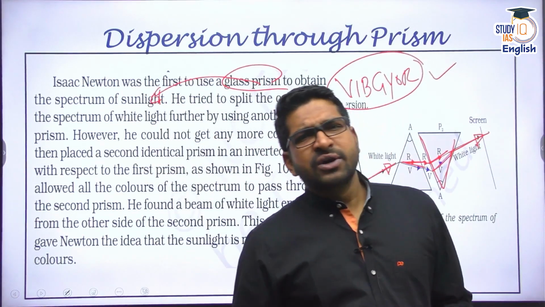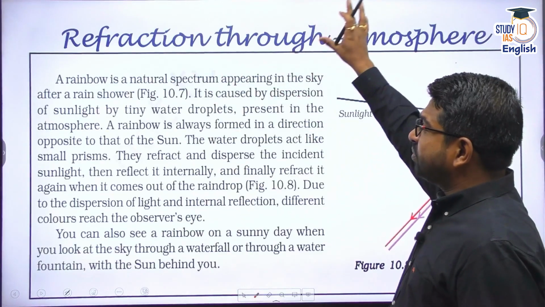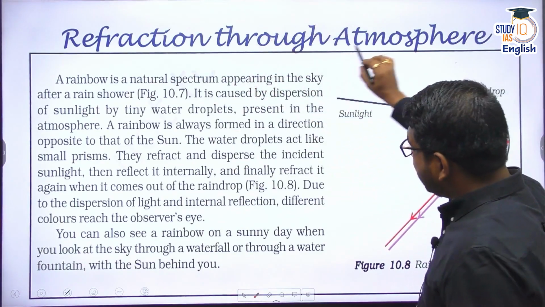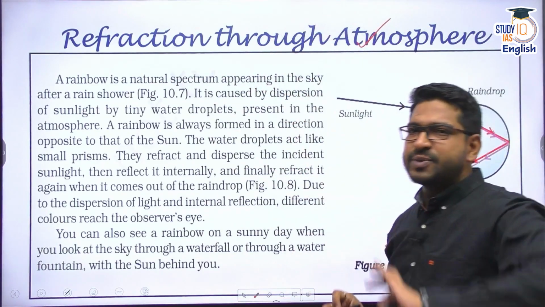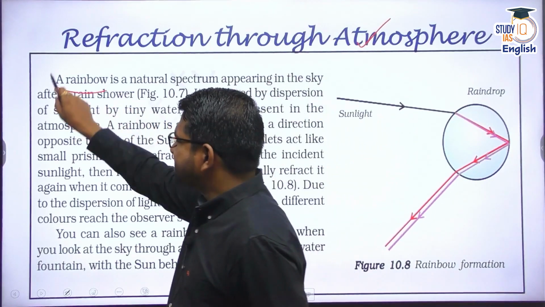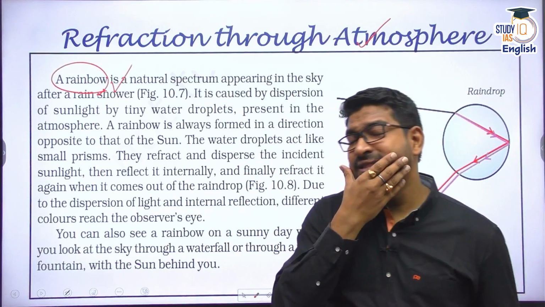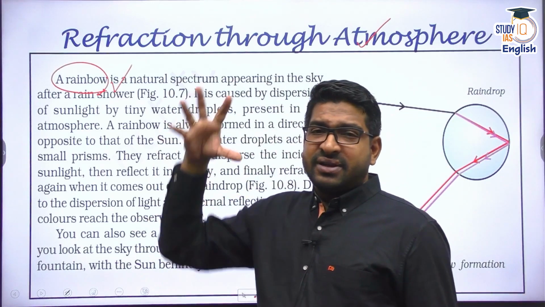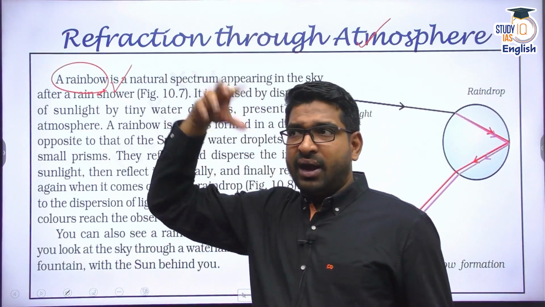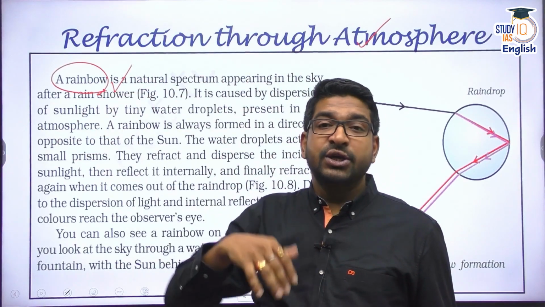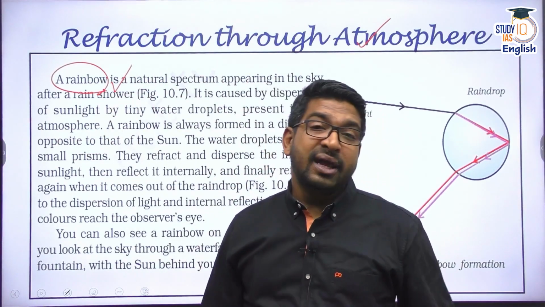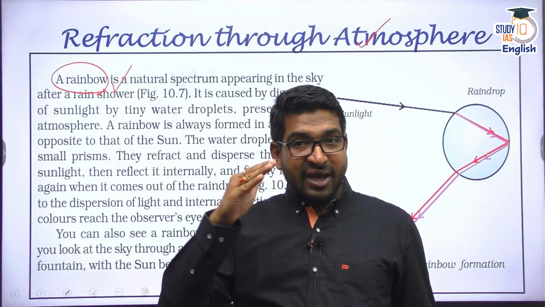Many a time we see the phenomena of refraction in the atmosphere itself. You must have seen a rainbow. What is this rainbow? Rainbow is a very natural process. Whenever there is rain, and if sunlight is also available, you will get a rainbow. It has seven colors, again VIBGYOR.